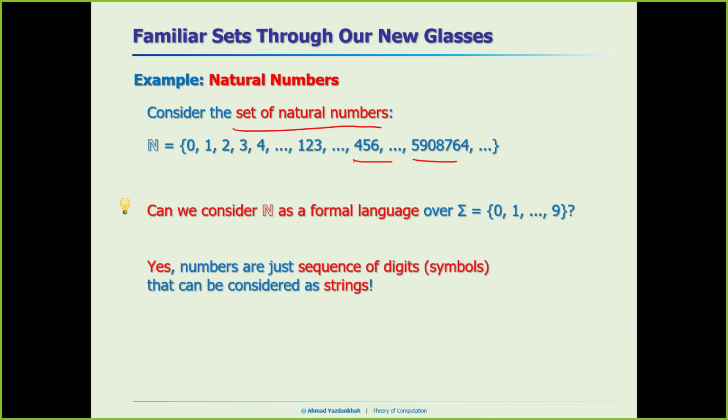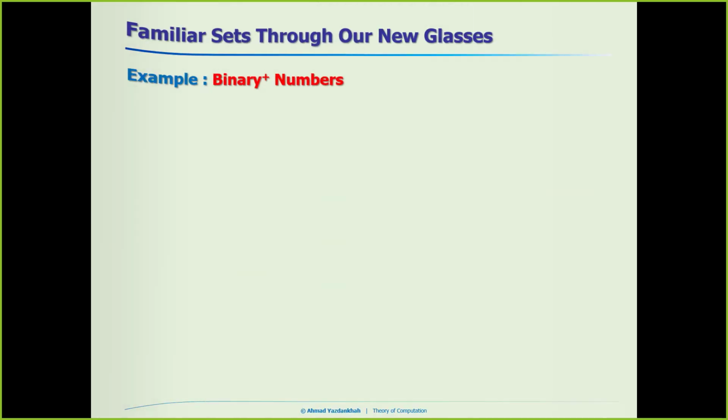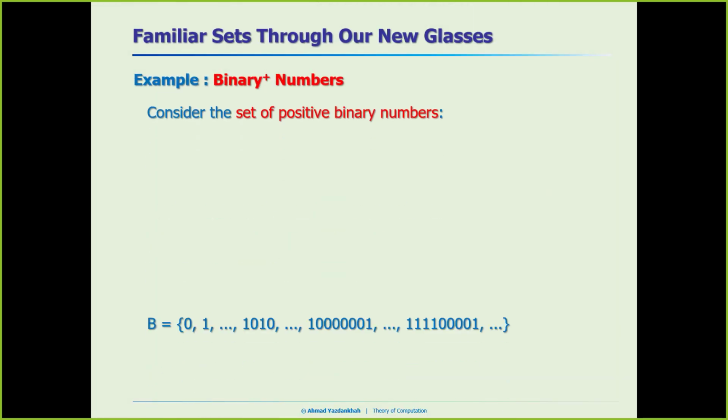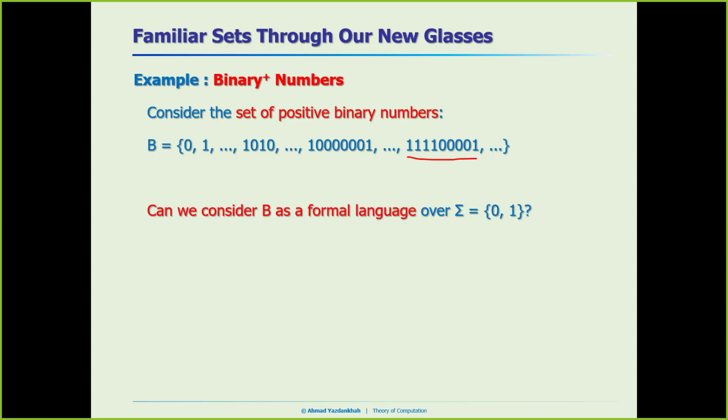And how about the binary numbers? The same thing. If we consider this as an alphabet, then this is not actually a number. This is just a sequence of symbols. So they are strings, and the whole thing is a formal language.